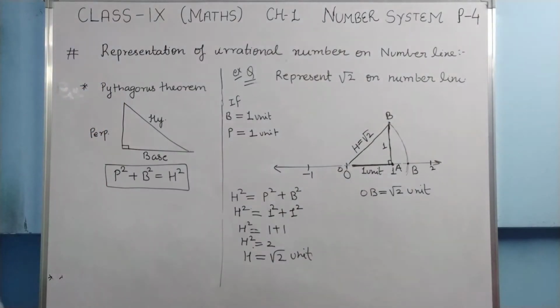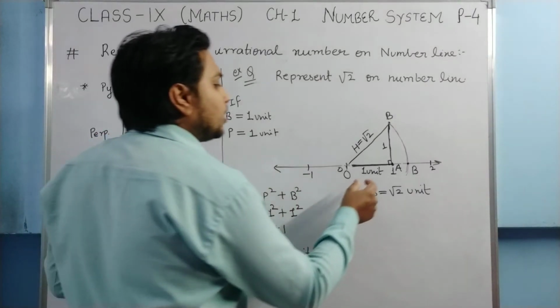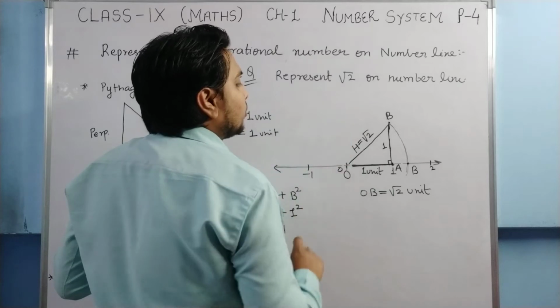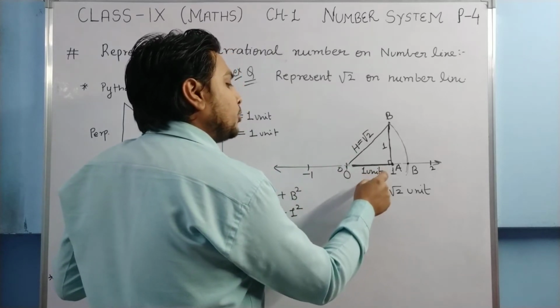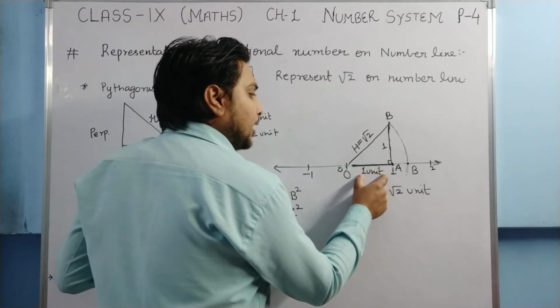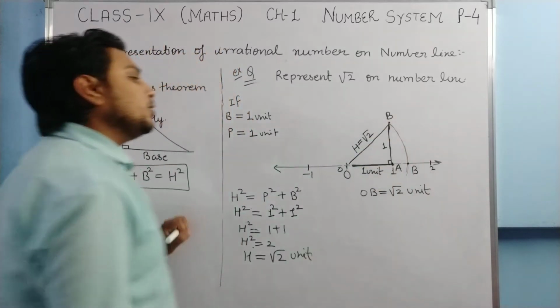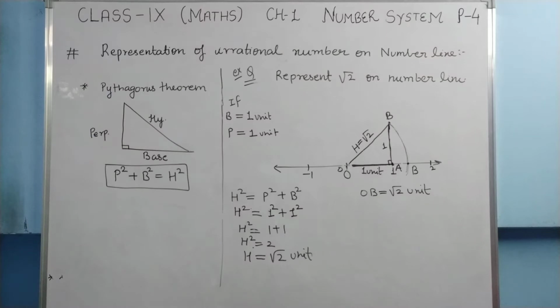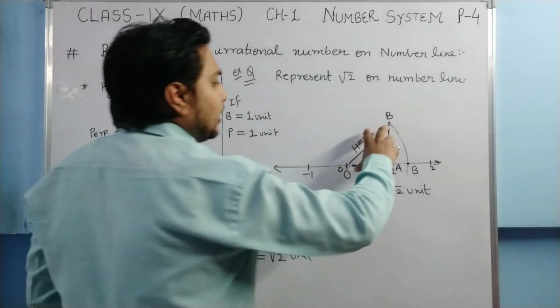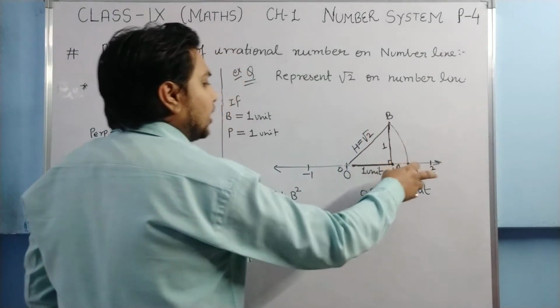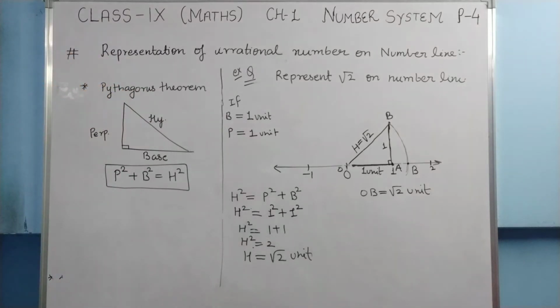Now, as we have done in this question, under root 2 we had to show, so we have taken 1 unit as base, 1 unit as perpendicular, then surely the hypotenuse will be under root 2. And how have we represented it on the number line? By taking the radius and cutting an arc to the number line.